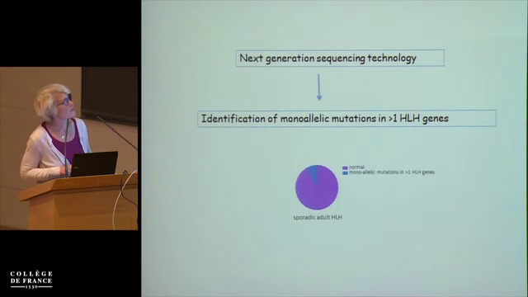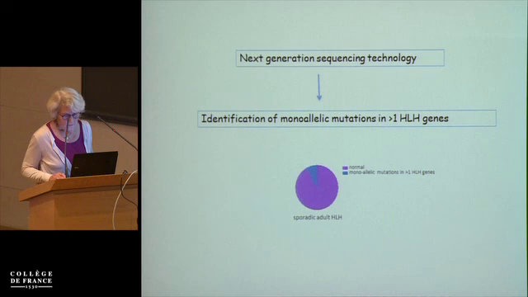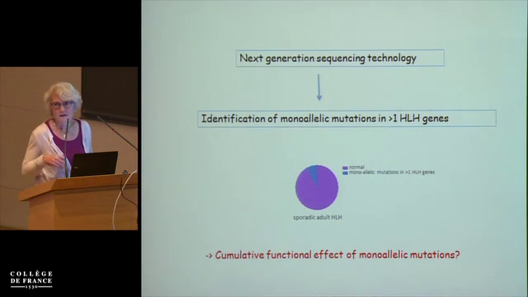And with the availability of next generation sequencing technology, there is an increasing number of sporadic HLH patients, especially adult patients, who are shown to carry heterozygous mutations, monoallelic mutation, in one or several of the genes which affect the cytotoxic pathway, suggesting that the addition of heterozygous mutations in different genes may potentially have a functional impact.